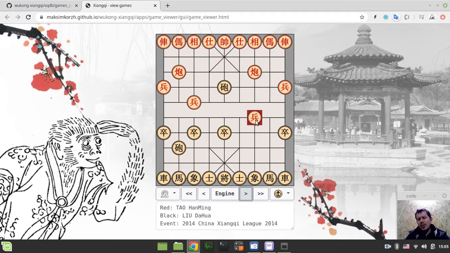Well, he doesn't really sacrifice the pawn, but anyway, Tao HangMing doesn't take with his cannon, but instead takes with his pawn. And the next move is very interesting because it's really something that reminds me of the fool's mate.